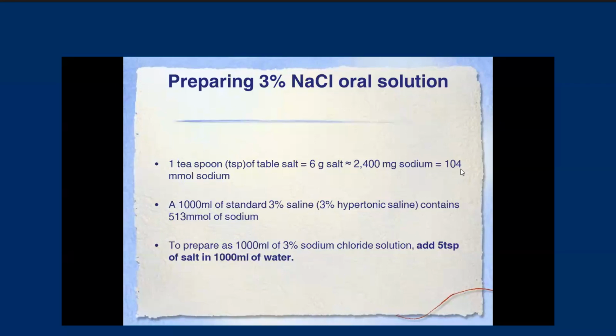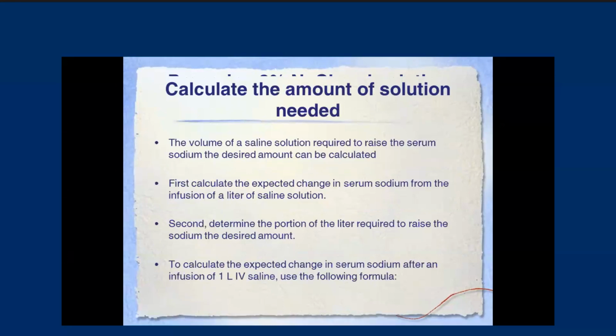So 5 times 104, 5 times 100 is 500, then 4 times 5 is 20, 520, which is almost equal to 513 millimole of sodium in 1,000 ml of NS. So this solution can be given PO.